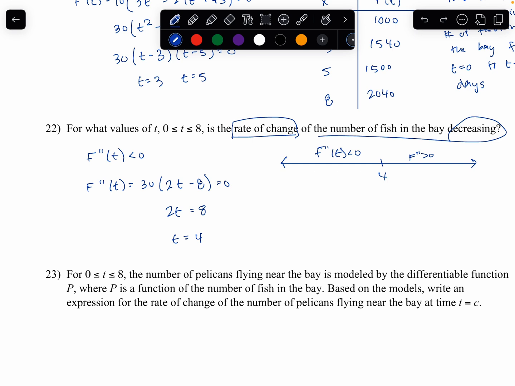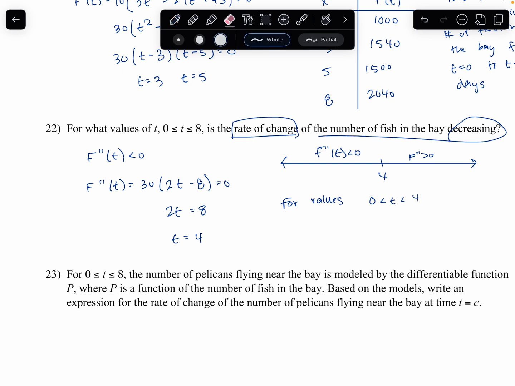Is the rate of change of the number of fish in the bay decreasing, for what values? For values, we'll say this right here: 0 is less than t is less than 4.